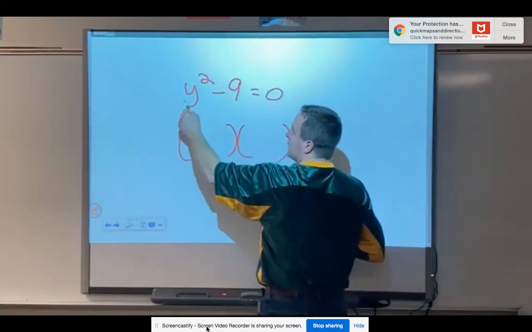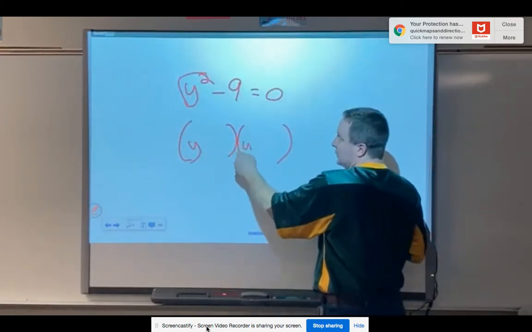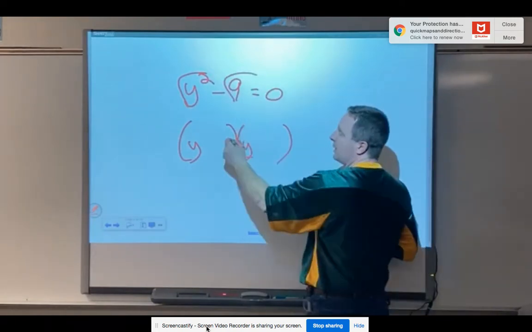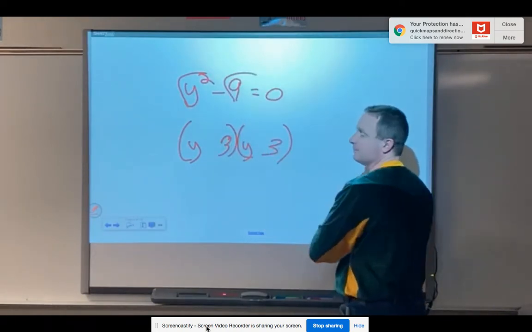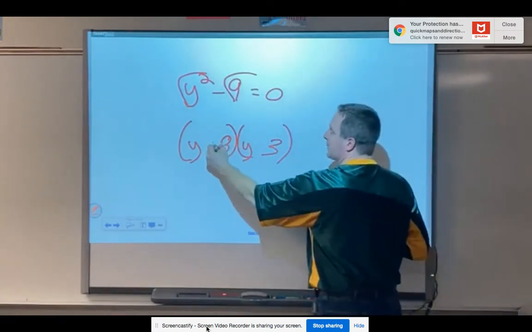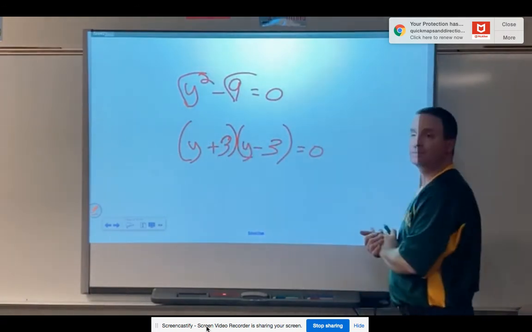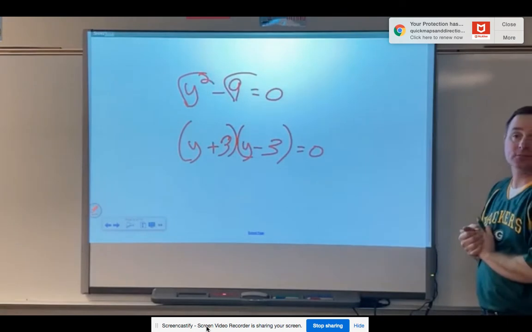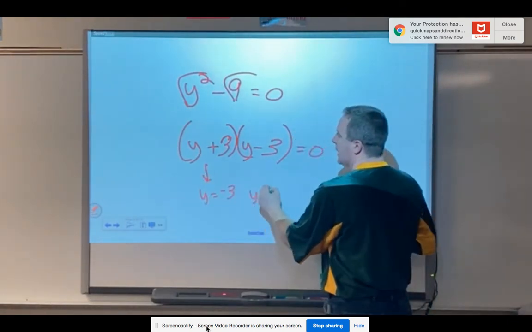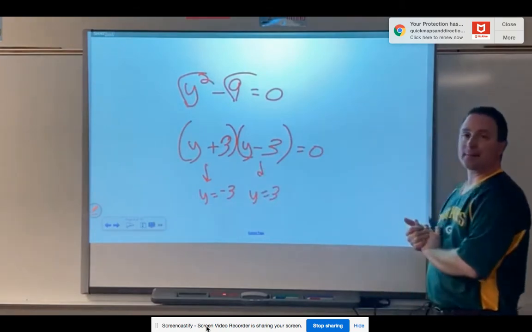Okay. But what if I did the square root of y squared? The only choices for y squared are y and y. And how about the square root of 9 is 3 and 3. And just like on the last one, in order for the 3's to go away, one has to be plus and one has to be minus. And it doesn't matter which is which. Right? And then here I get y equals -3 and y equals +3.